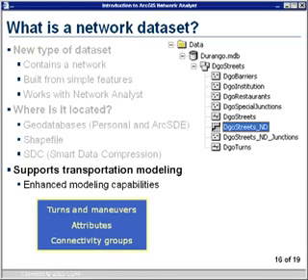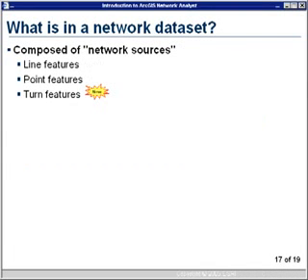The network dataset is designed to accurately support and model transportation networks. To do that, it has some enhanced modeling capabilities. We'll take a closer look at these capabilities in a few moments. But first, let's see what makes up a network dataset. A network dataset maintains a connectivity graph of junctions and their connected edges and feature classes in the databases.